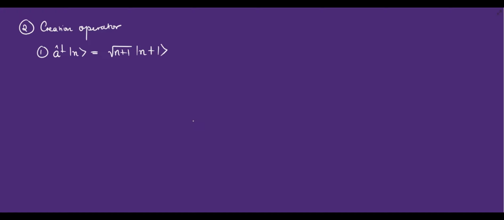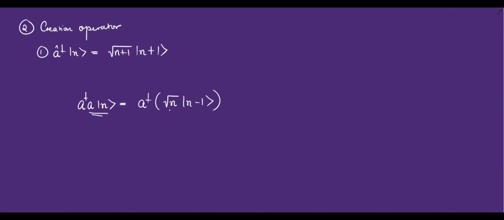Now, I said that I will justify why this kind of decomposition or these definitions work. Let's say I use both definitions and I act a dagger a on n. Let's first act a on n. It will give me a dagger into root of n into n minus 1, according to the definition.